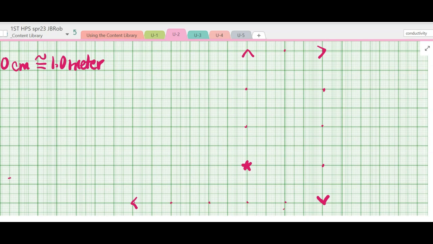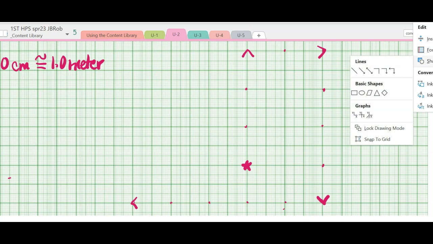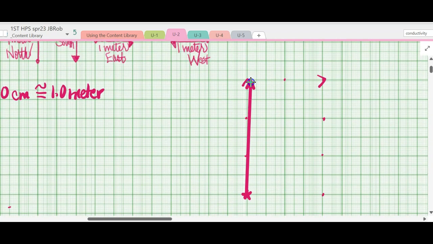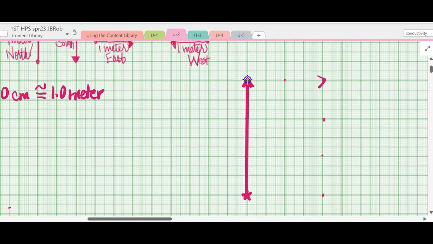I go to draw, and there are all of these possibilities, but if you don't see shapes, it's down here where the 3 dots are. I just want a line with an arrow. I'm going to put my cursor there and go right up to where the lines cross, and I've drawn a vector.